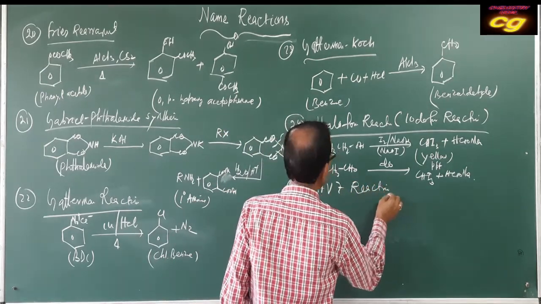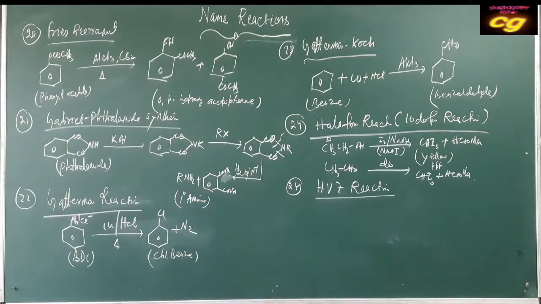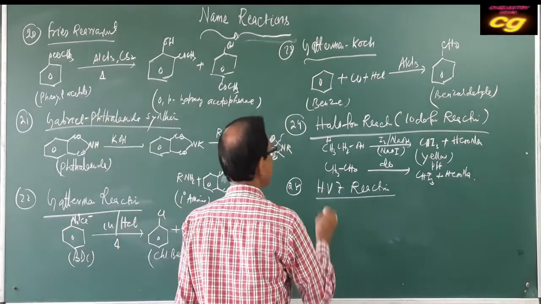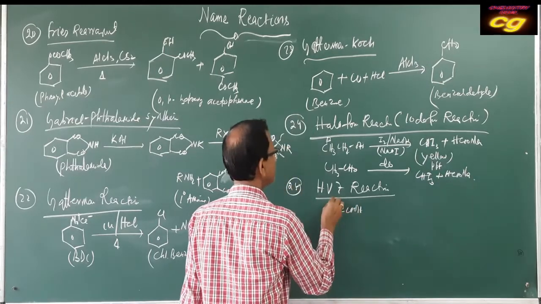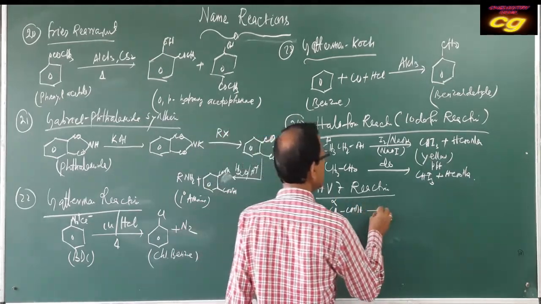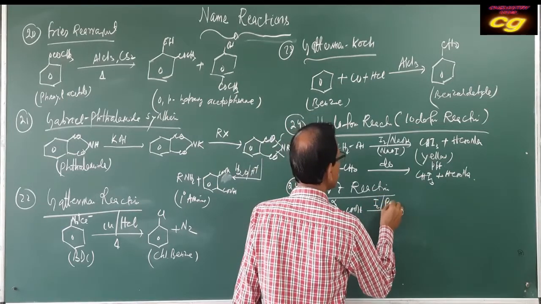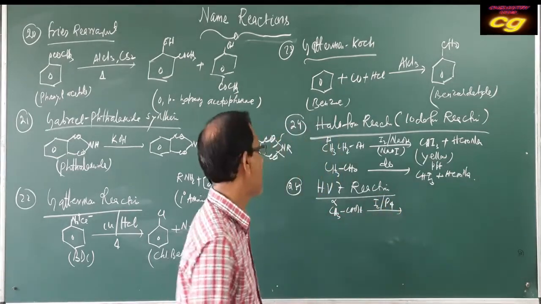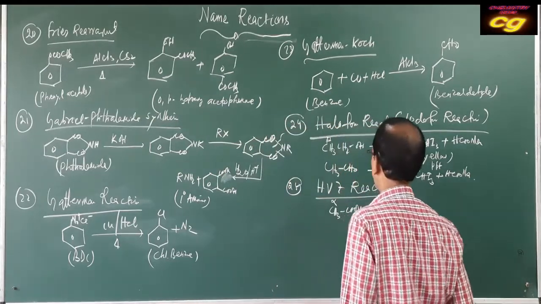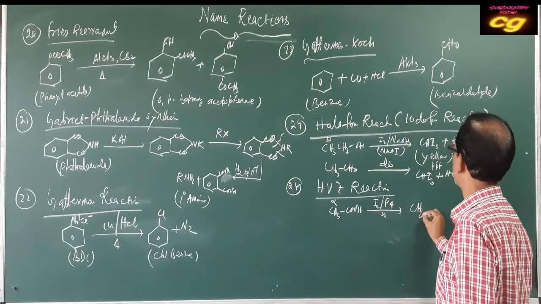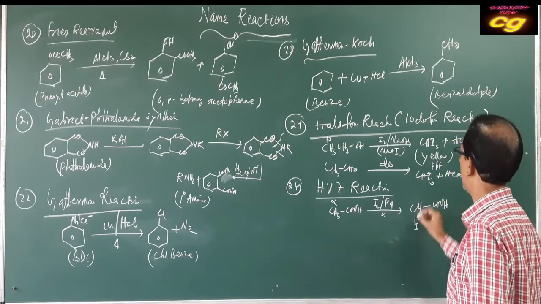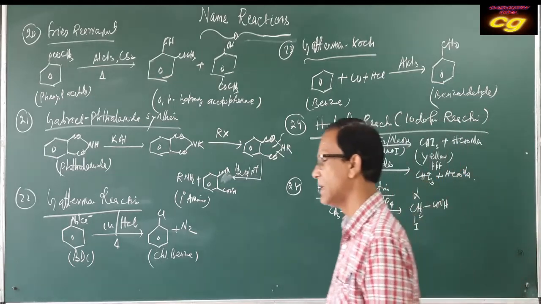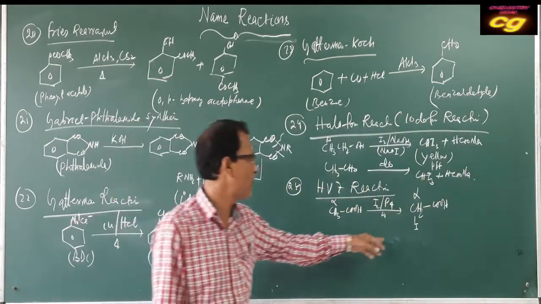Short form, HVZ reaction is Hell-Volhard-Zelinsky reaction, and it is generally used when any acid having alpha hydrogen atom is treated with halogen and red phosphorus on heating to produce a substituted acid, that is the alpha hydrogen will be substituted by halogen.